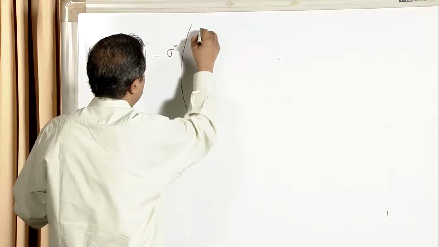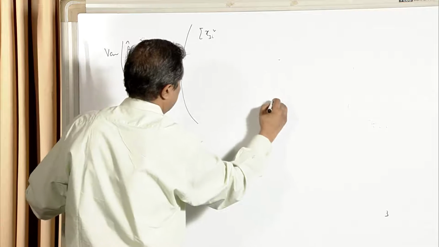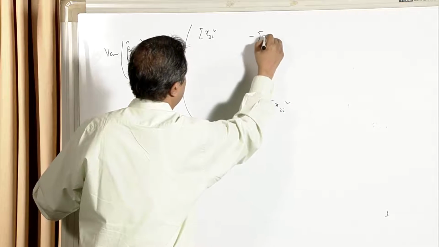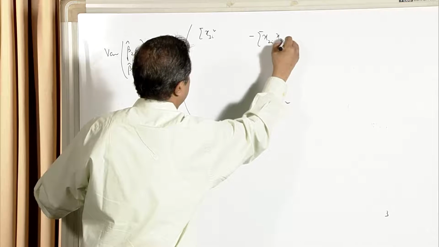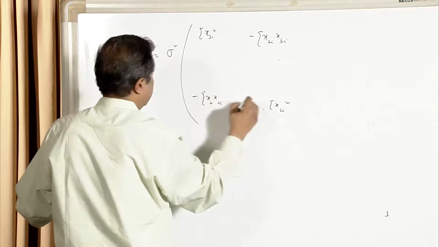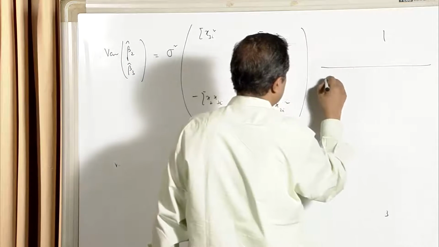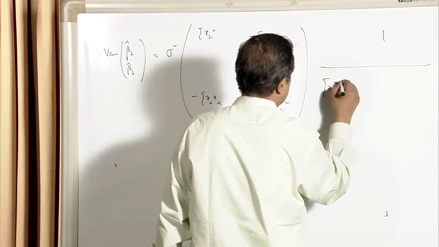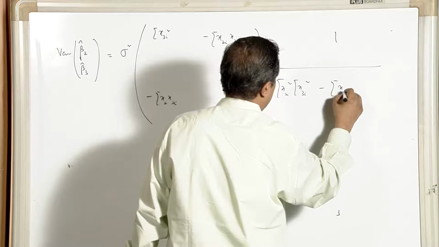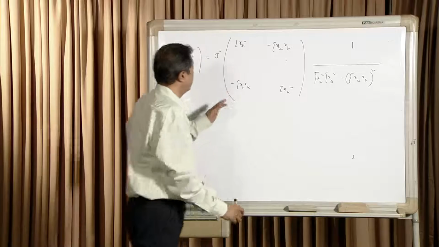So, that is summation x3i square, summation x2i square, minus of summation x2i x3i, minus of summation x2i x3i, this whole thing divided by delta, which is summation x2i square summation x3i square minus summation x2i x3i whole square. That is the final form.